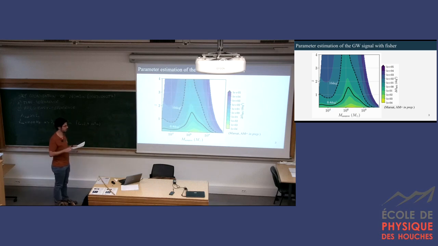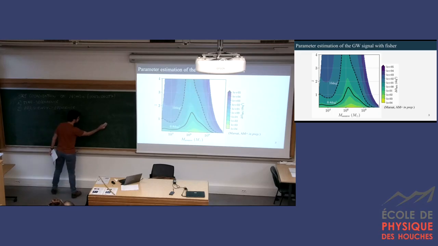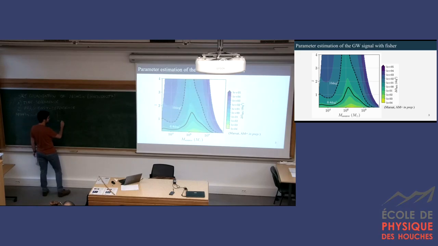Going back to your point, let's take an example. Let's consider a system of 10^8 solar masses, massive black holes, and see what happens. I'm going to draw the sensitivity, just as a conceptual sketch. Here you have frequency, and here imagine you have your PSD.